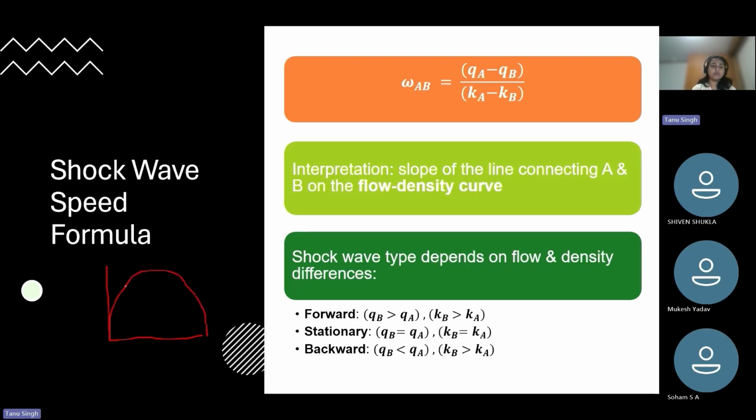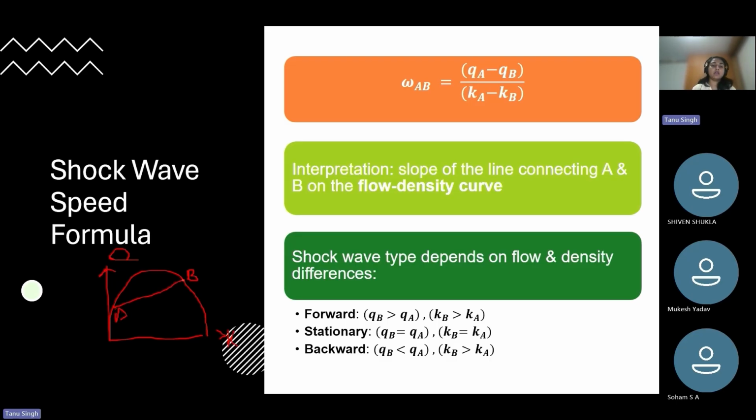So if, for example, A is this point, and this is Q and this is density K. The change in traffic state from this point, we say B point is here and A point is somewhere here.